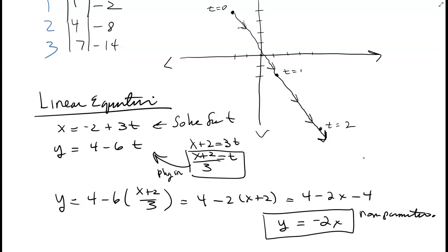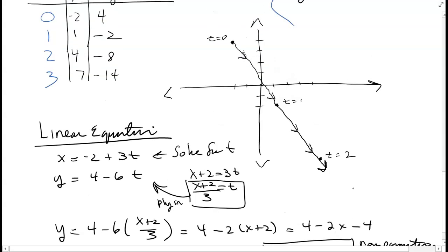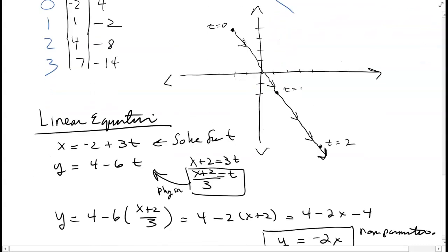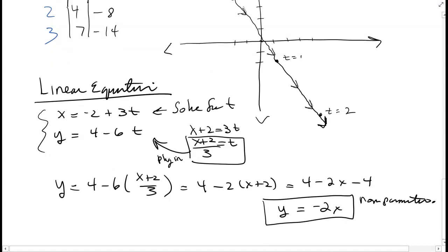And maybe you can see that in the next example here. So this example that we just did is a nice way to take a parametric, see how to graph it using that third parameter, that t, and it also shows you real quick how you can take any parametric, it doesn't have to be linear, and turn it into a non-parametric equation.